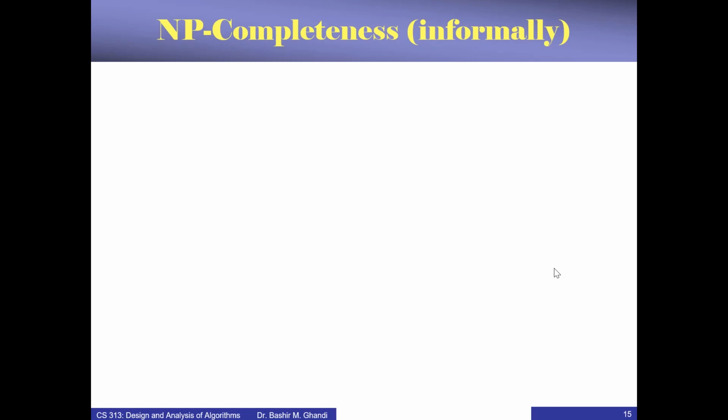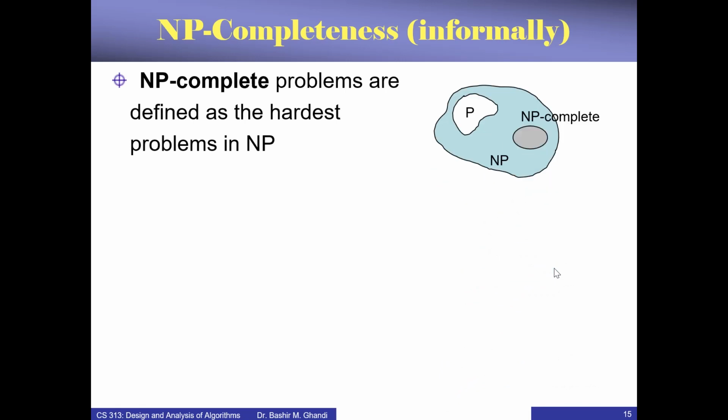The next class is NP-completeness. We're going to try to define it informally before we look at a formal definition. NP-complete problems are defined as the hardest problems in NP.